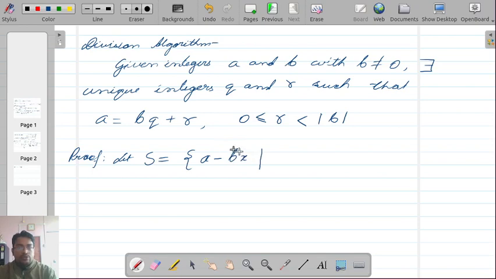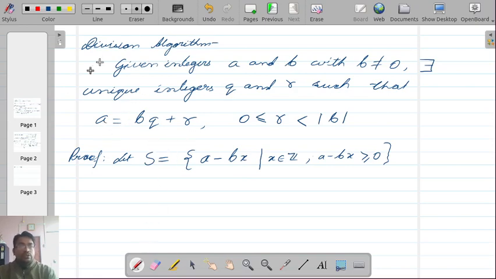So here a and b are given to us, so we will vary the number x here. a minus bx such that x belongs to integers. Okay, so x is an integer and a minus bx is, so I am taking non-negative integers. A collection of non-negative integers which are of the type a minus bx.